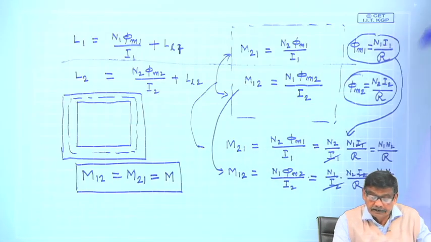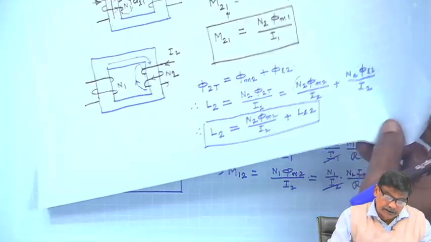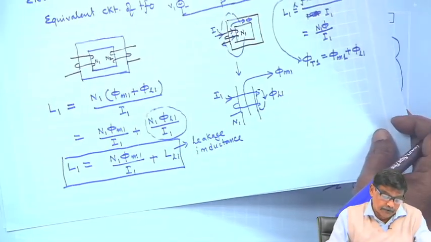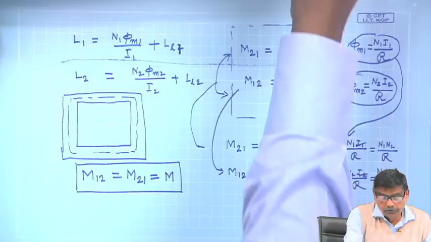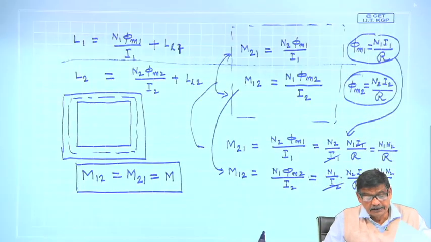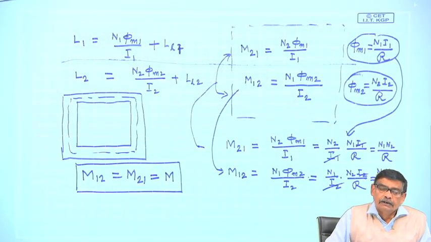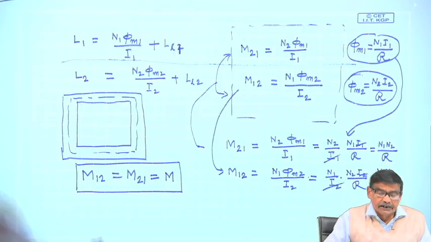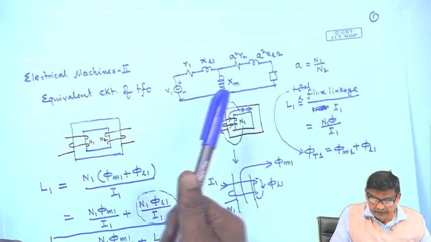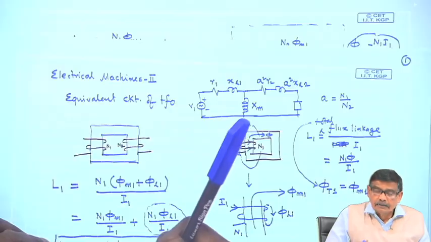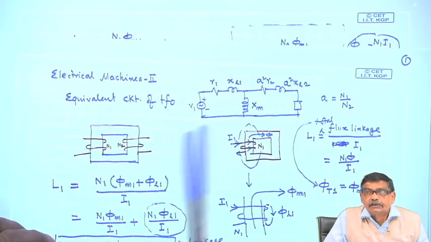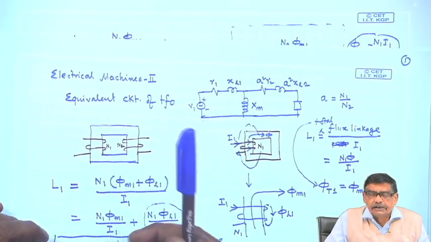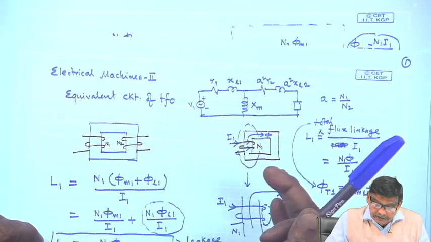Therefore, what we have done till now in this unit, as I have told you, is aimed at my target goal: to derive the equivalent circuit of a transformer, looking at it in terms of self and mutual inductances, and try to get this equivalent circuit, where I have assumed that the transformer has no core losses, that is, hysteresis and eddy current losses.